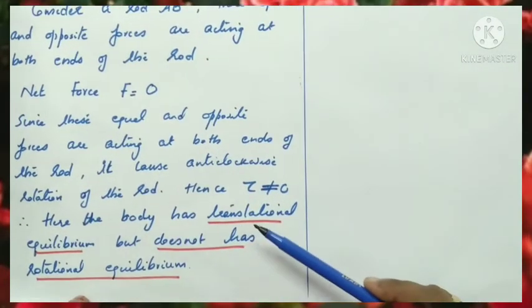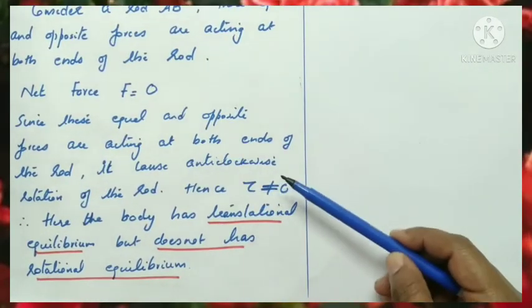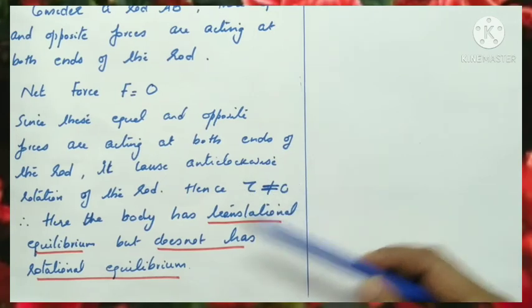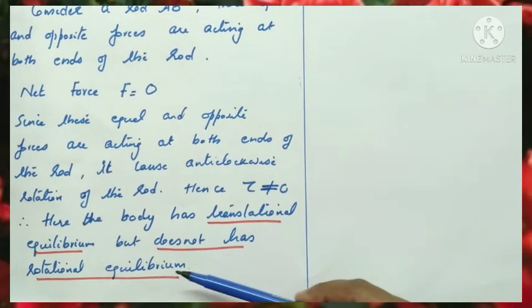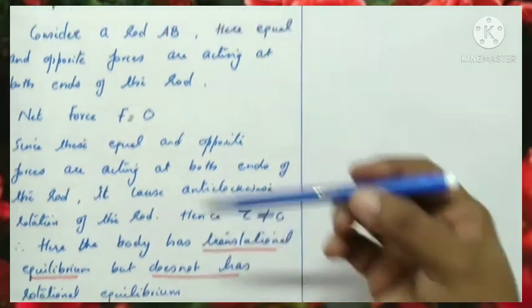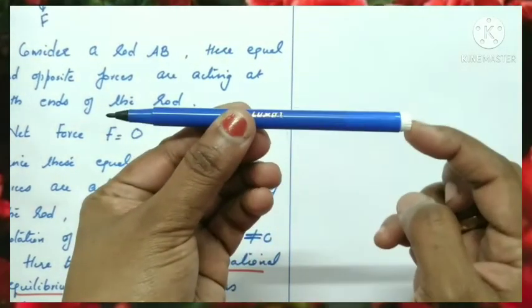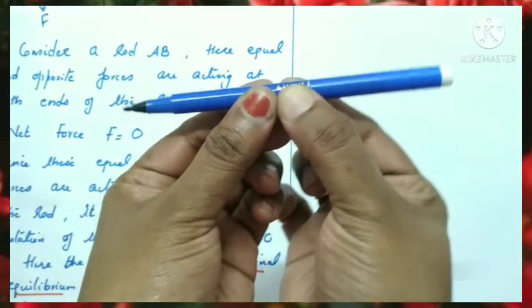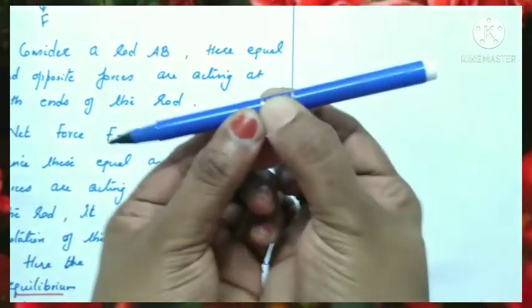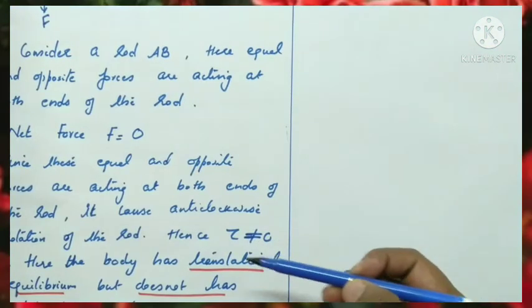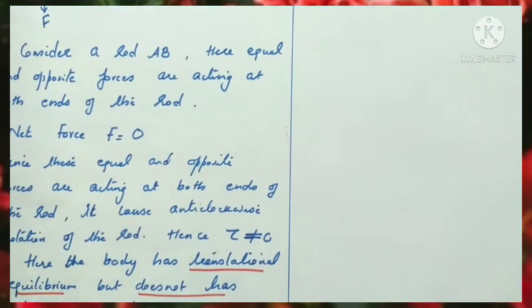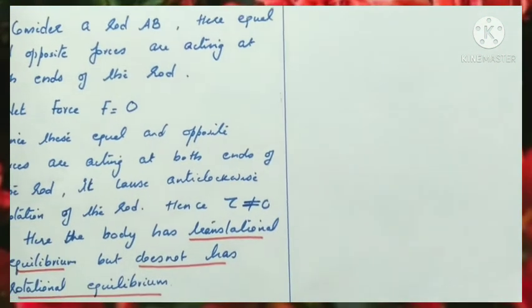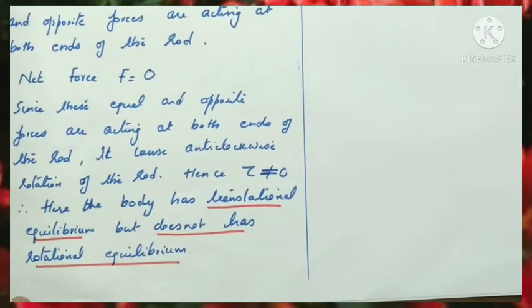Therefore the system has translational equilibrium, and since torque is not equal to 0, the body does not have rotational equilibrium. Okay children, in this case both forces are acting in opposite directions, and because of equal and opposite forces the rod begins to rotate, and hence there is translational equilibrium, and since torque is not equal to 0, the object does not have rotational equilibrium.